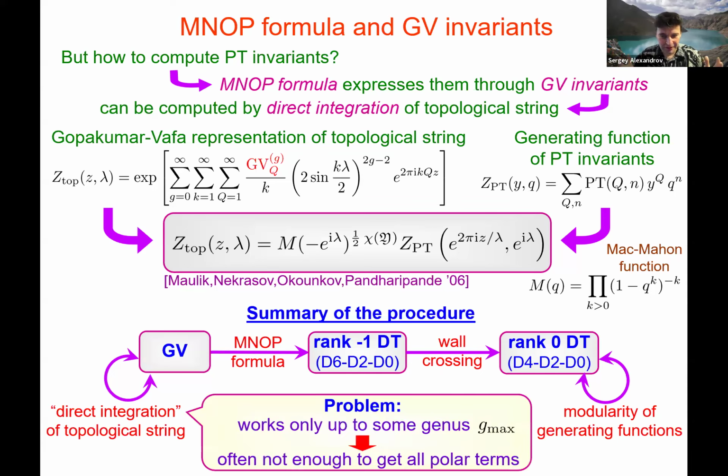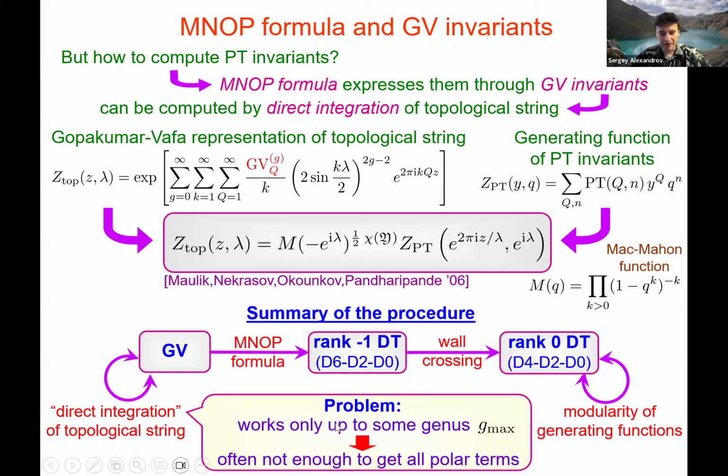But here there is a restriction, which I also mentioned in the beginning, that this direct integration works only up to some genus, which I call Gmax. And this means that PT invariants can also be computed only up to a certain degree and not higher. In turn, this also restricts the number of rank 0 DT invariants which we can compute.